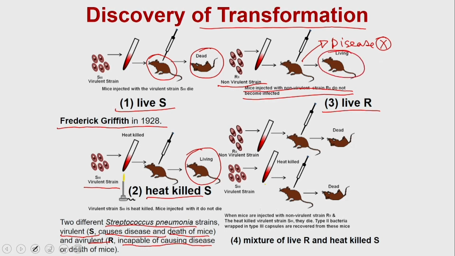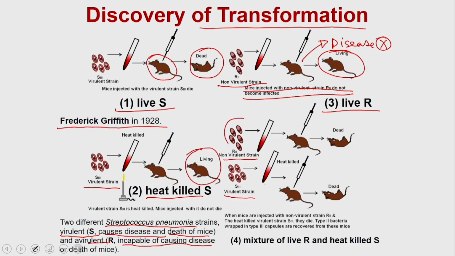Now, in the 4th set of experiment, he has taken the non-virulent strain. So, non-virulent strains are not killing the mice or developing the disease, and then he has mixed the heat killed virulent strain along with the non-virulent strain.